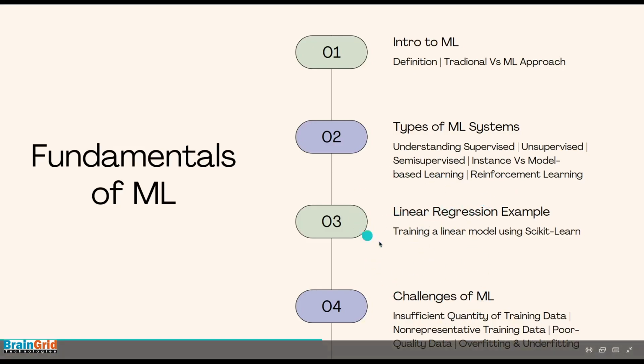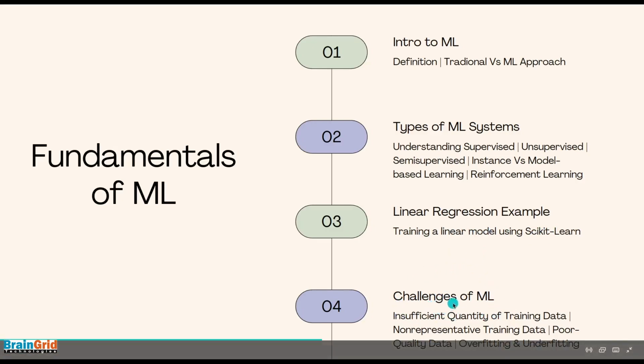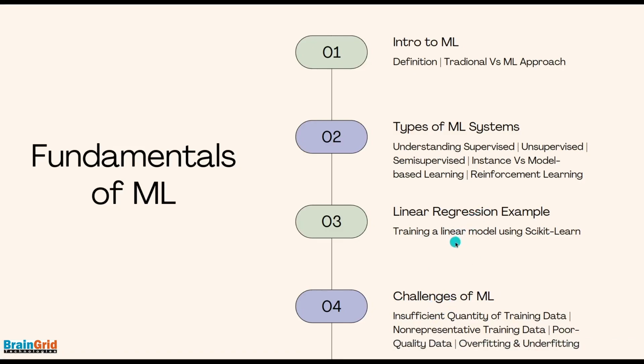In this tutorial, we are going to look at the linear regression example. We'll train a linear model using the famous package scikit-learn, and in the next tutorial we'll check out the challenges of machine learning. All right, I hope you guys are as excited as I am.